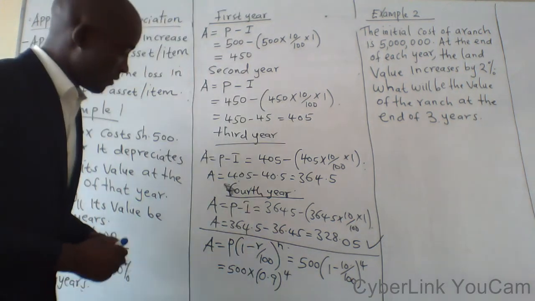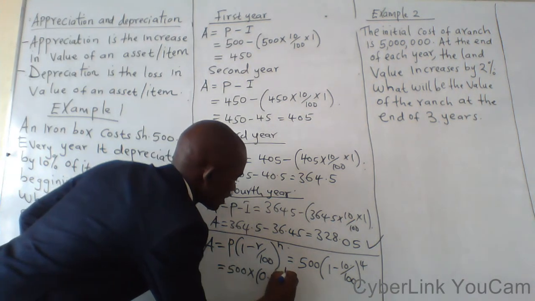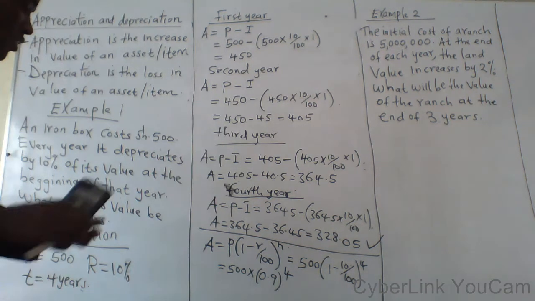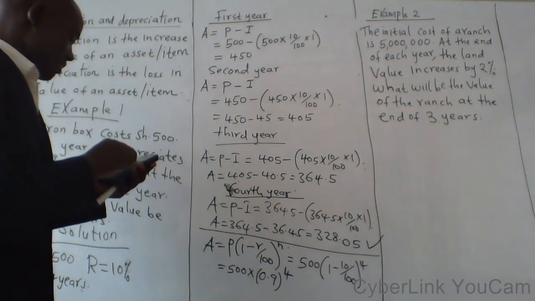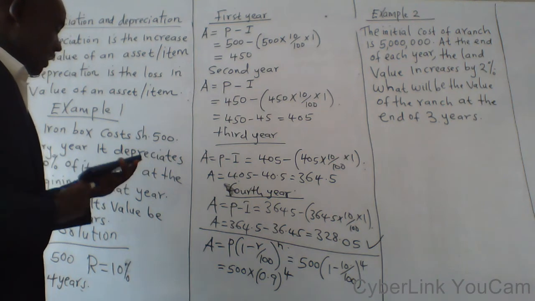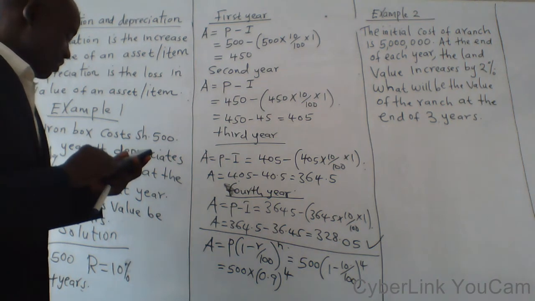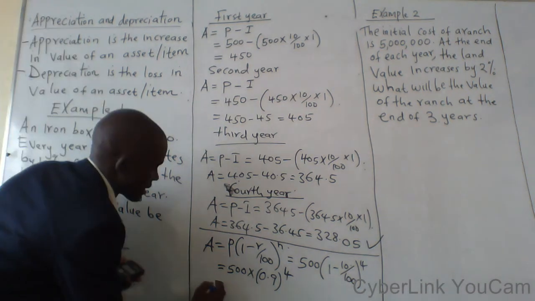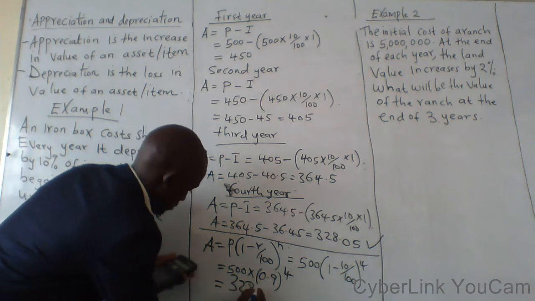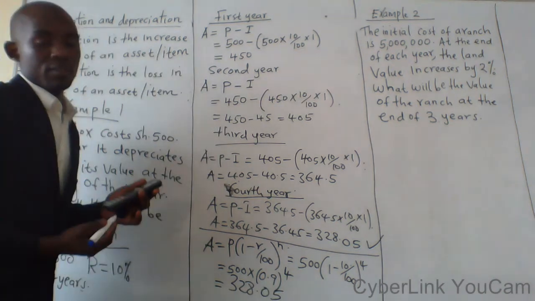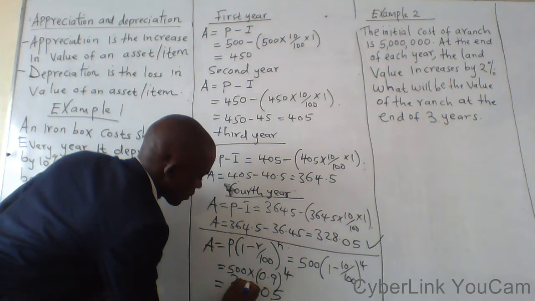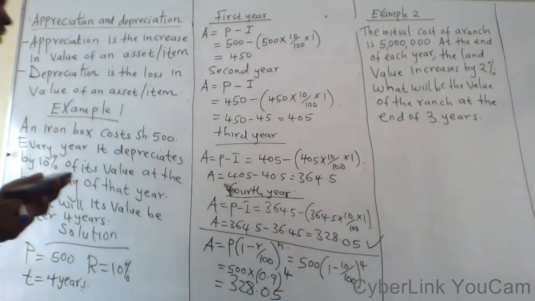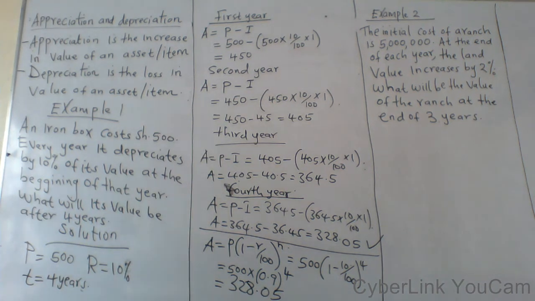If you evaluate 0.9 raised to power 4, you will get 0.6561 times 500. Of course, you get the same answer, which is 328.05, as the value that this iron box will be costing after 4 years. So that is what happens.